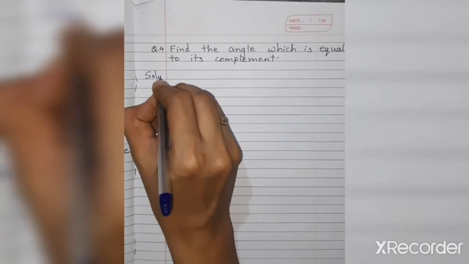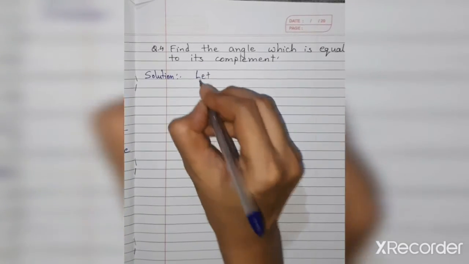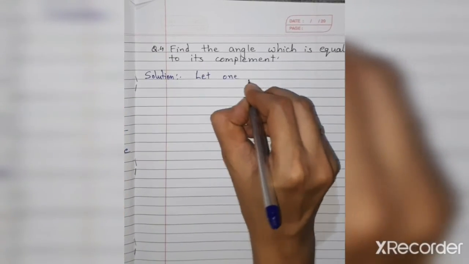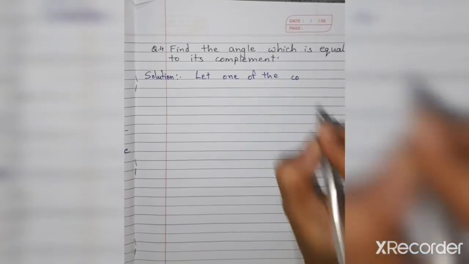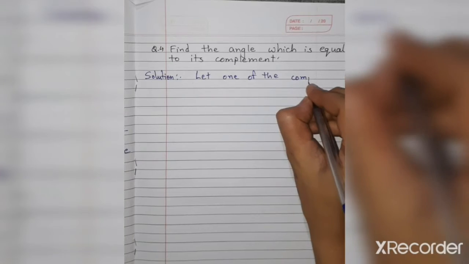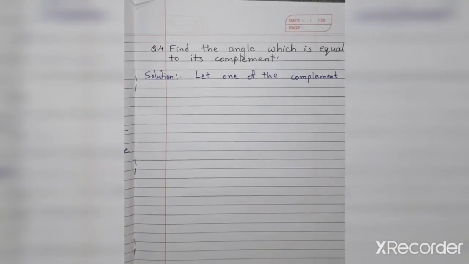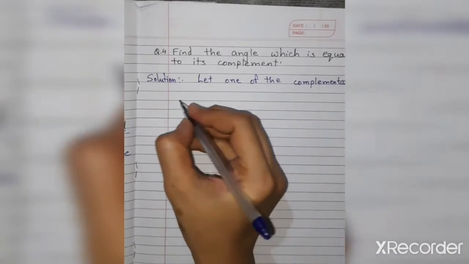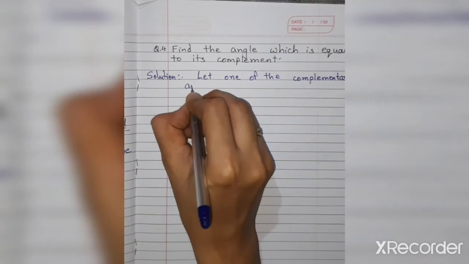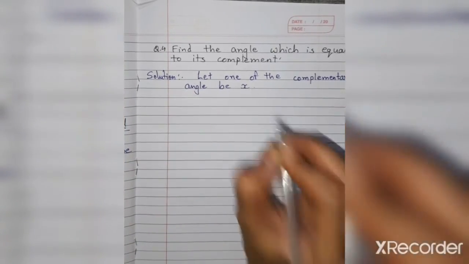Solution is, let one of the complementary angles be x. We are guessing x.